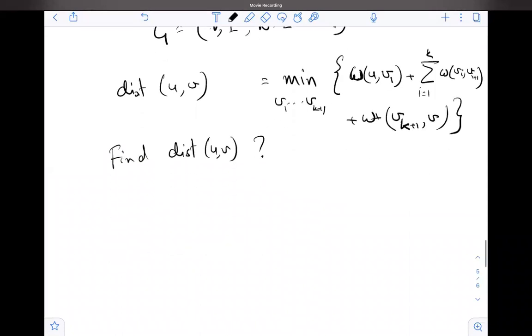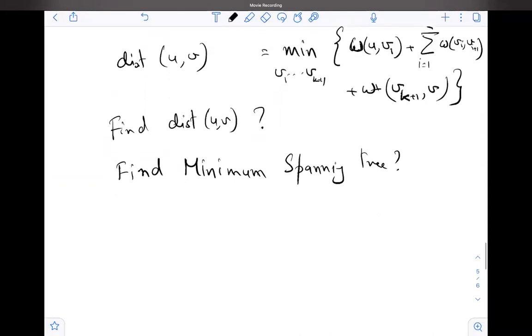Another thing that we will be asking is finding a minimum spanning tree. We have given you BFS and DFS that will produce a spanning tree, but a spanning tree always has n minus 1 edges, right? So what is a minimum spanning tree?